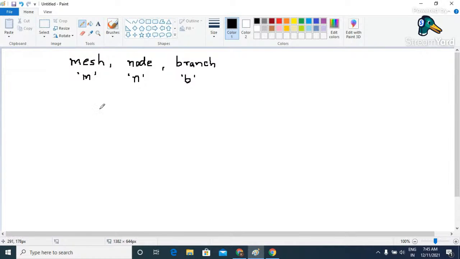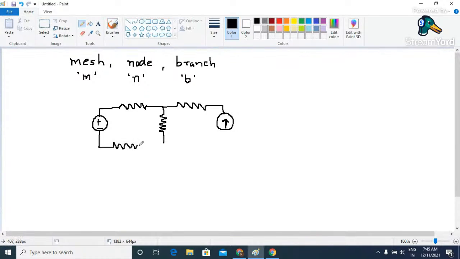For example, let me explain via a simple circuit. Let us consider that we have a voltage source, and then here we have a resistor, and somewhere over here another resistor, and another resistor followed by a current source, and here one more resistor, and then one more resistor, and the circuit is something like this.